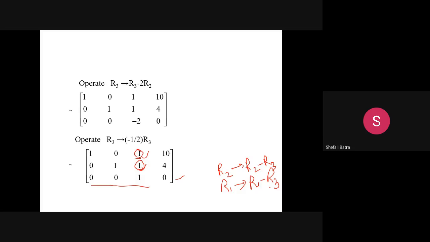Right? So after this operation, you will be at this step. Now, this is your identity matrix. Now you need to make these entries 0. Right now? Because I need normal form.